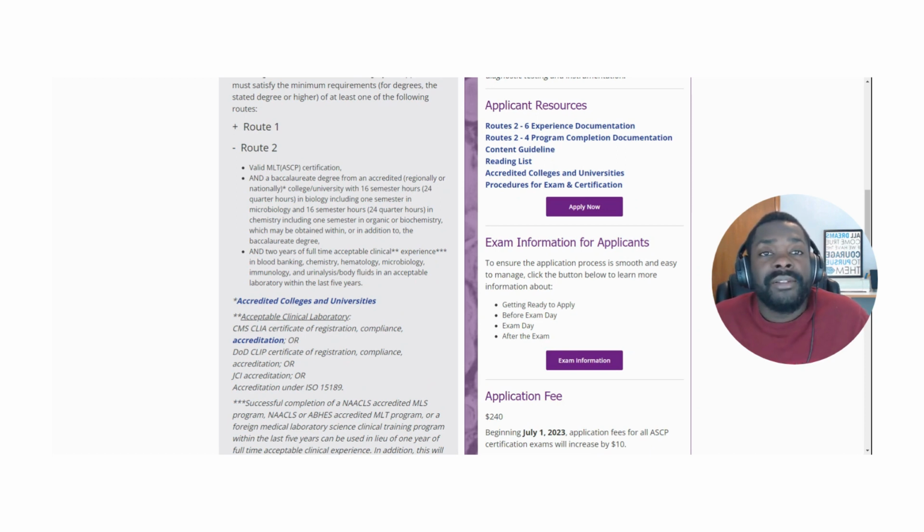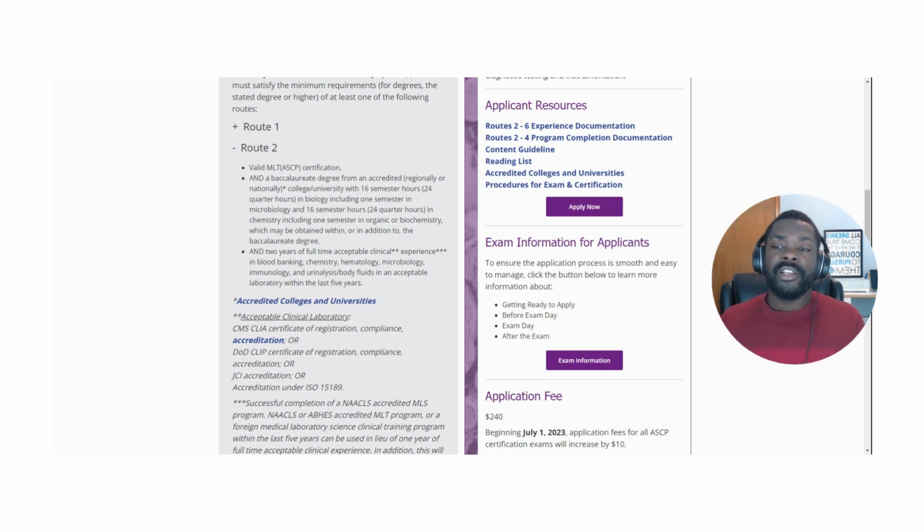Now, once you have that, there's one more thing that you should have. You should have 2 years of full-time acceptable clinical experience in blood banking, chemistry, hematology, microbiology, immunology, urinalysis/body fluids in an acceptable lab within the last 5 years.